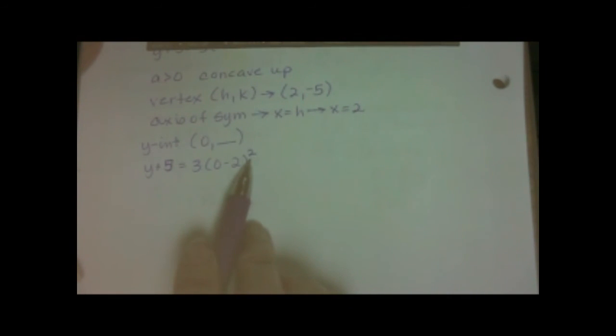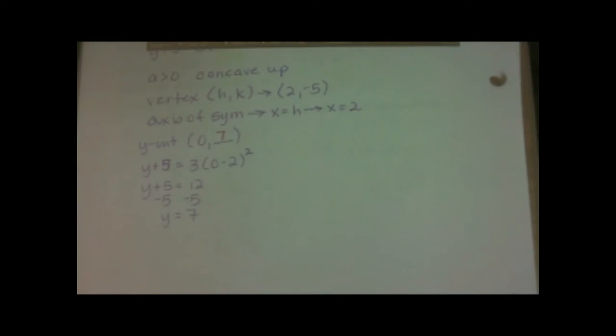Square that and you get positive 4. Times 3 is 12. So I've got y plus 5 equals 12. Subtract 5 from both sides, and I get y equals 7. So 0, 7 is my y-intercept.